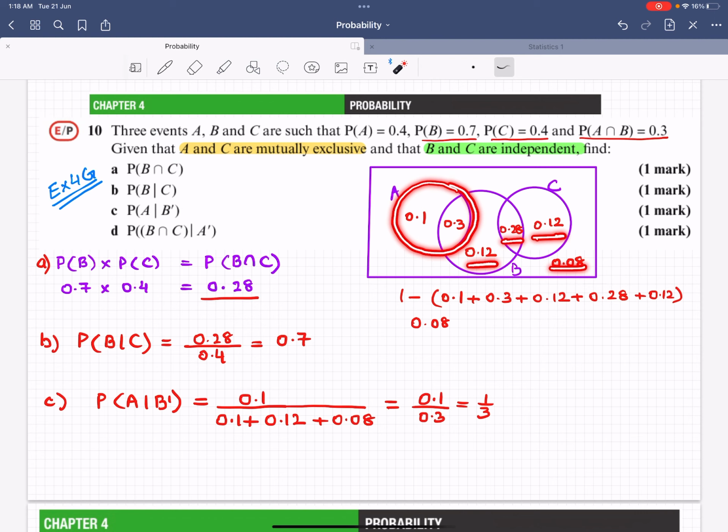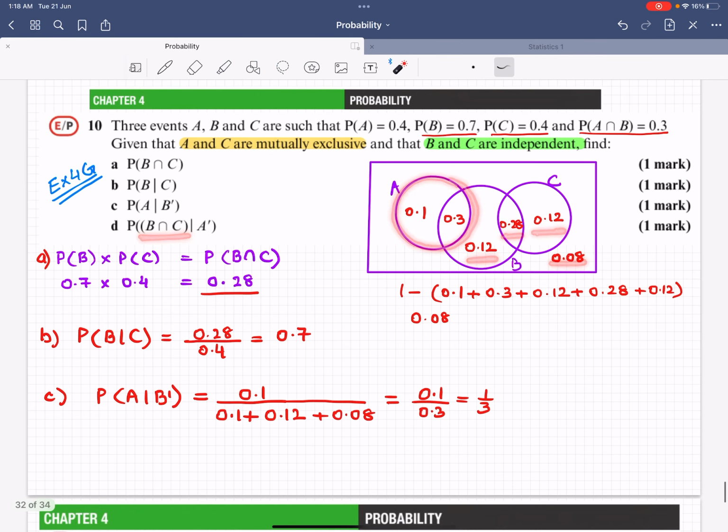Now from this, we need to find the probability of B intersection C. B intersection C is this part here. So from the total of 0.12, 0.28, 0.12 and 0.08, we need to find the probability of 0.28. So that is going to be our D.